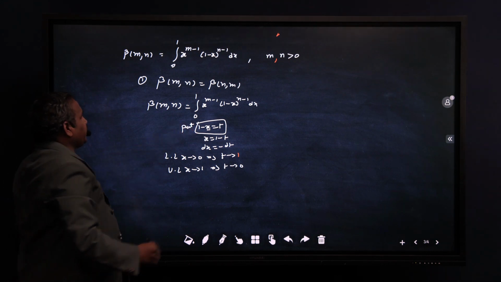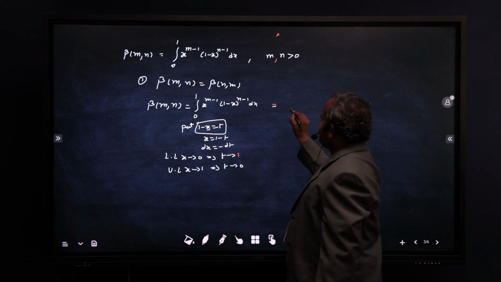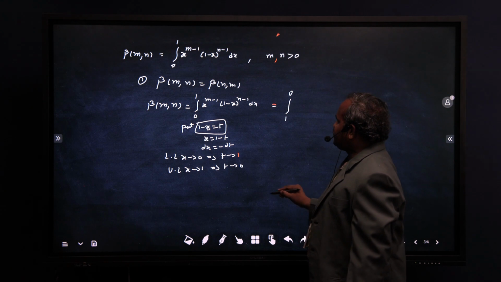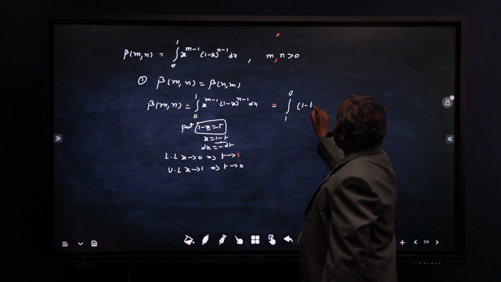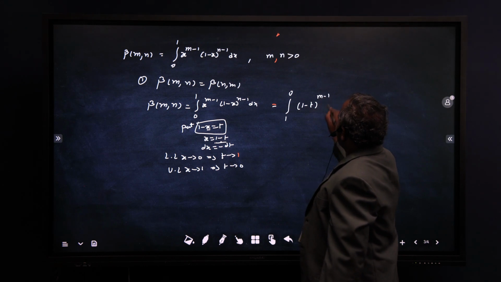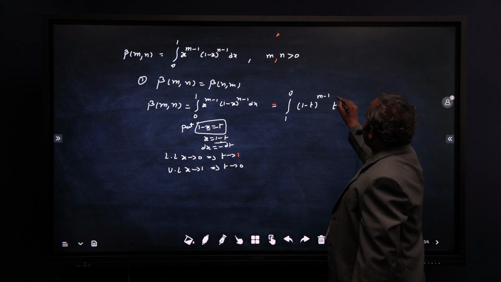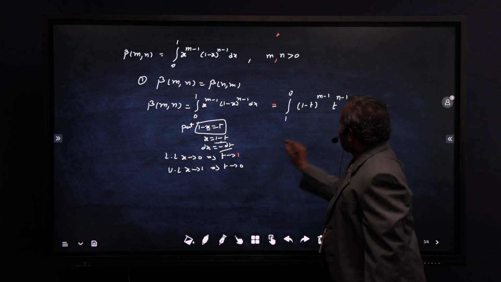Substitute these all in our beta function, then this changes as integral with lower limit 1 and upper limit 0, x is 1 minus t power m minus 1 and 1 minus x is t power n minus 1 and dx is minus dt.